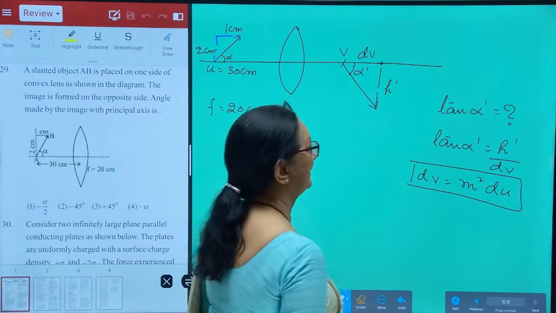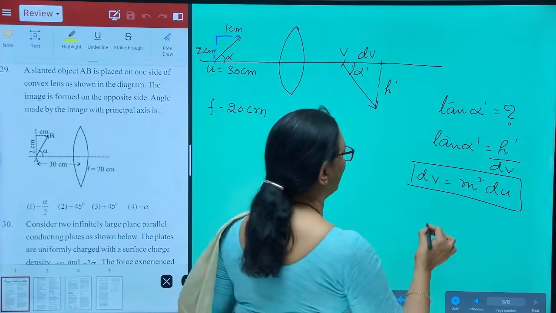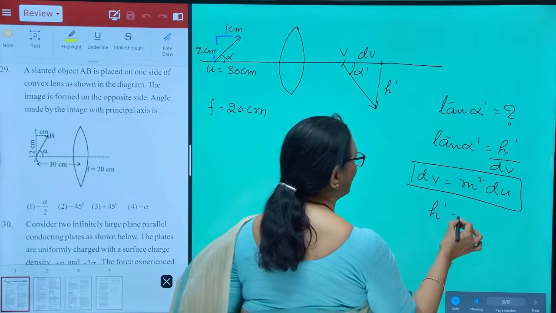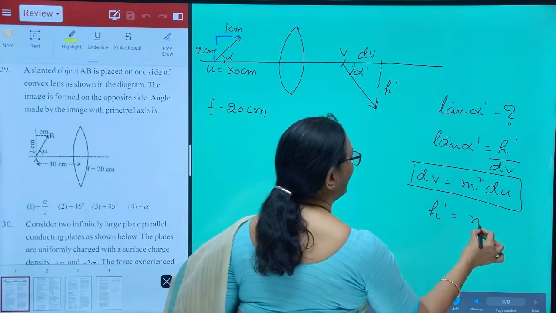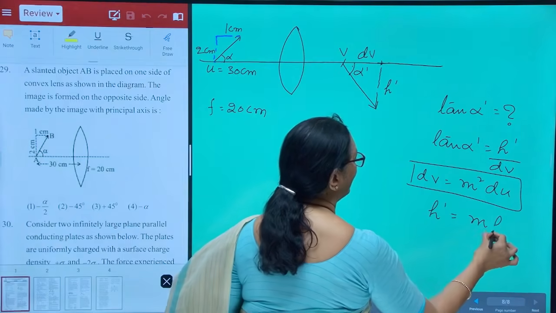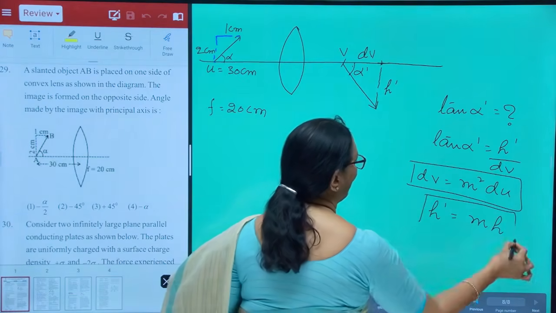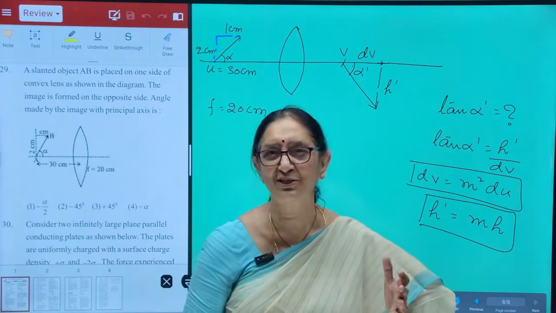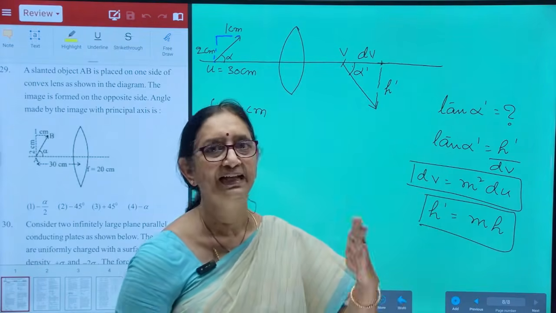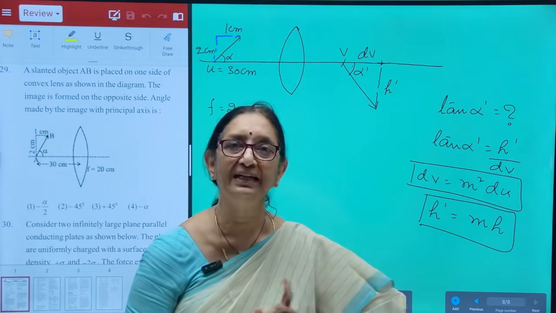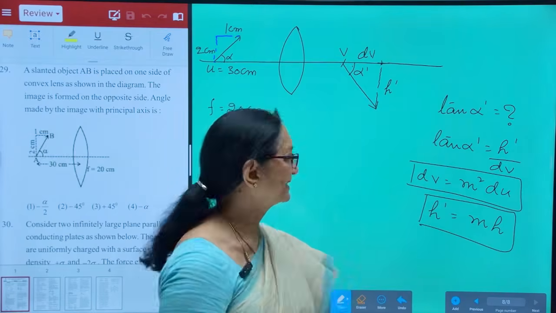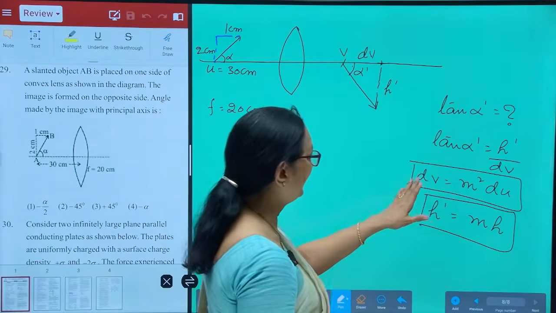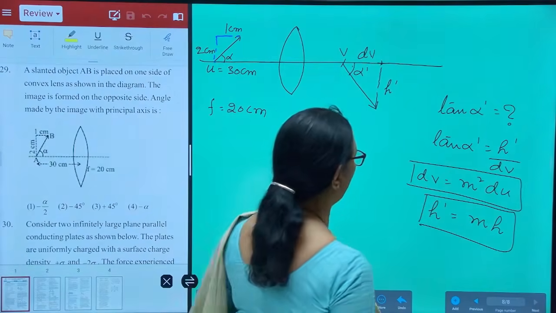Another thing is the size of the image: h dash, the vertical height, is equal to the linear magnification times the initial height. This concept is the most important thing. Actually, we have done problems of that kind in the case of slanted objects placed in front of a convex lens. So here dv is equal to m square du, and h dash.